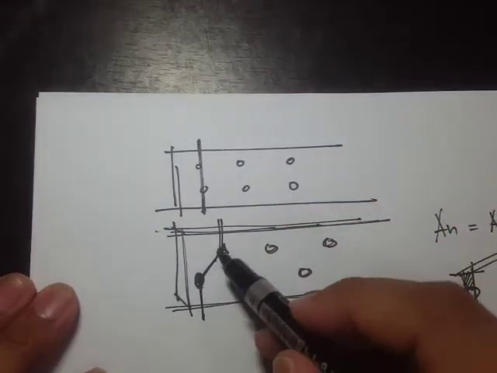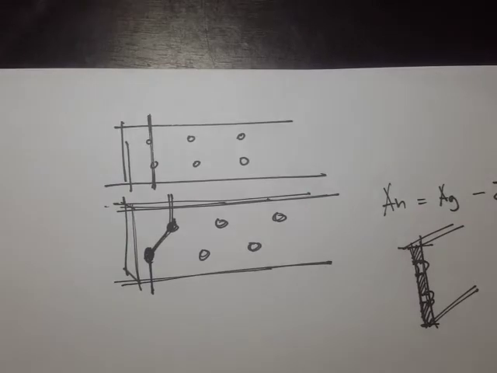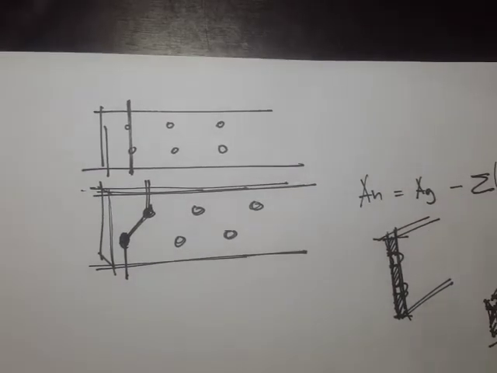Because of this diagonal line, that's going to increase the area, and increasing the area results in a higher capacity. So in staggered connections, we have to take into account the capacity provided by this diagonal area.